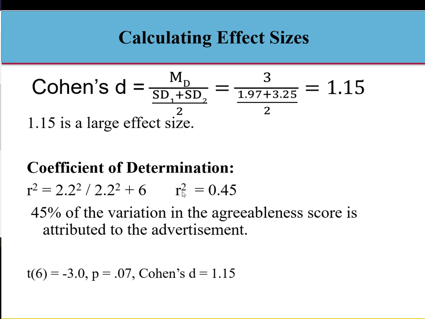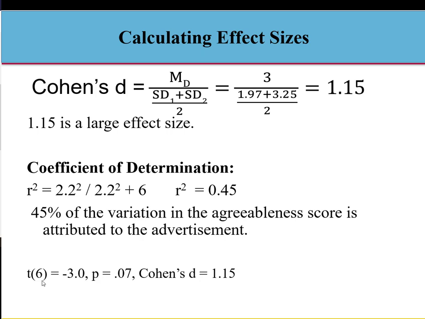I get r squared is equal to 0.45, which represents 45% of the variation in the agreeableness score is attributed to the advertisement. So the way they feel about the company is that agreeableness score, and the independent variable is that they saw the advertisement.